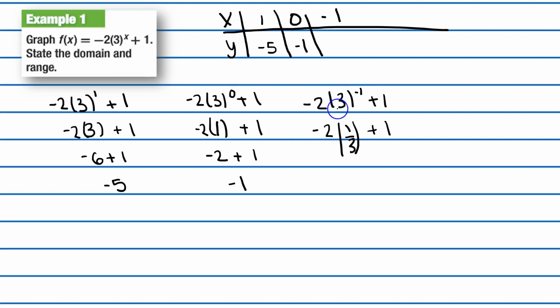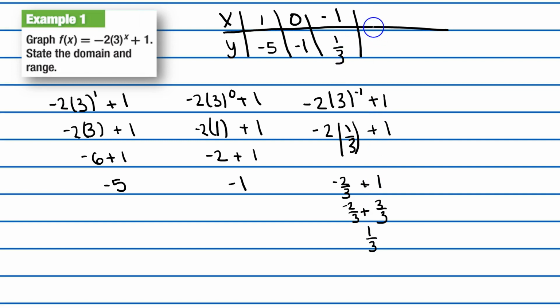If we don't remember that negative power rule, we'll be going over that, and that might be something you need to refresh your memory on, on exponential rules. Negative 2 times 1/3 is negative 2/3 plus 1. Well, I can't just add these together, but I know 1 can also be made 3/3. So negative 2/3 plus 3/3 makes 1/3.